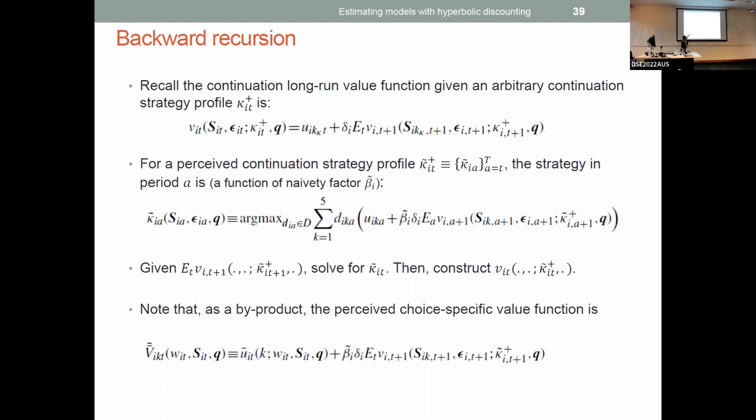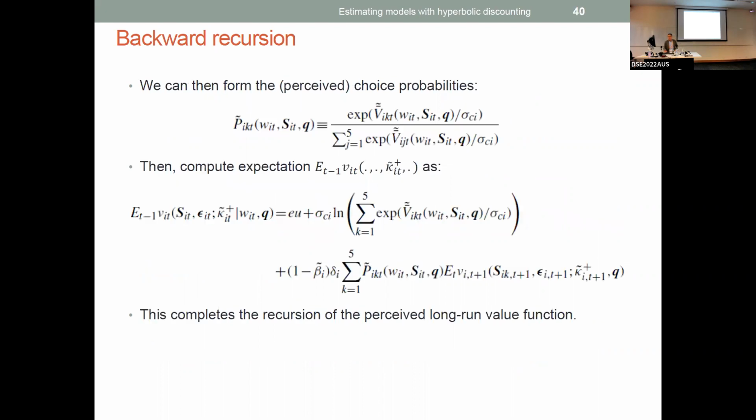And note that as a byproduct, we can write the perceived choice-specific value function. In the previous slide it was W, but it's the same here. So this thing is just equal to the utility flow plus the hyperbolically discounted expected long-run value function. And we can then form the perceived choice probabilities as a logit.